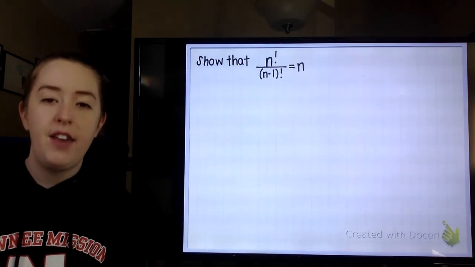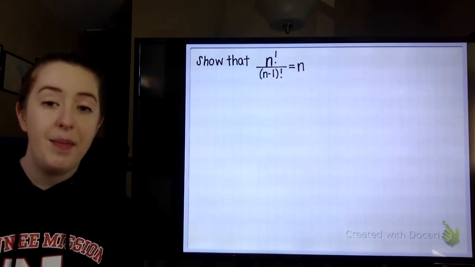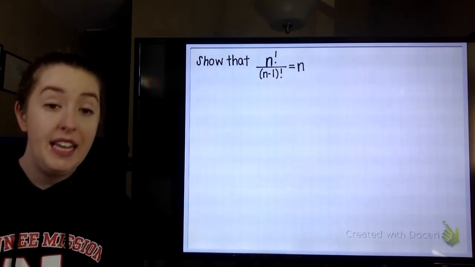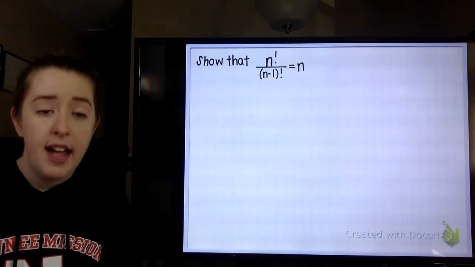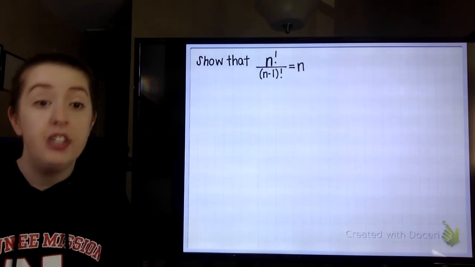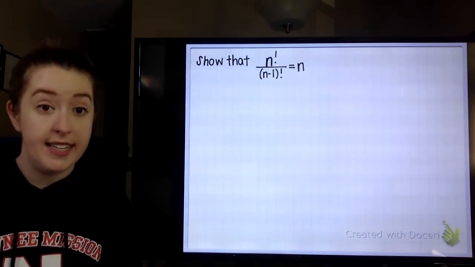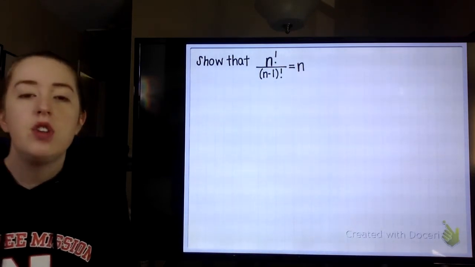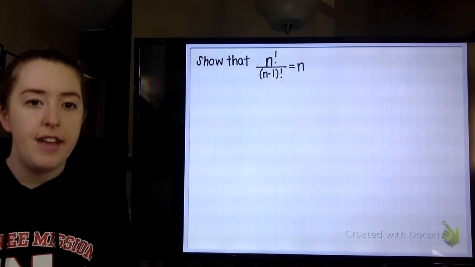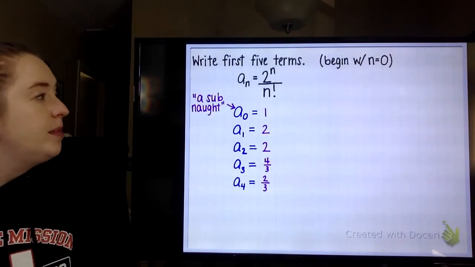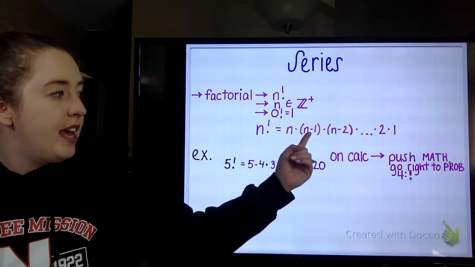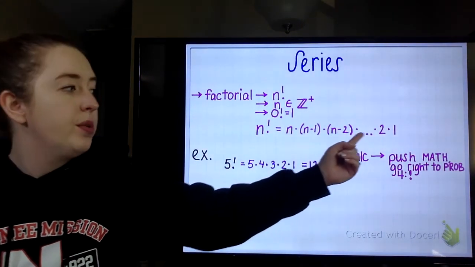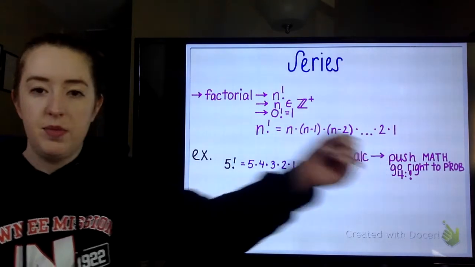So the first thing, let's take a look. We want to show that n factorial over n minus 1 factorial equals n. So let's mess with the left side and see if we can get it to match the right, just like when we did verifying identities. If we think about n factorial, we learned about what it was a moment ago. That was n times n minus 1 times n minus 2 all the way down to 2 times 1.